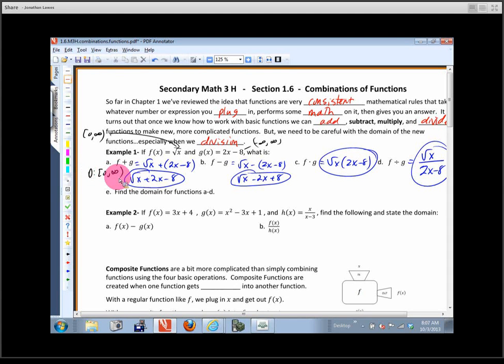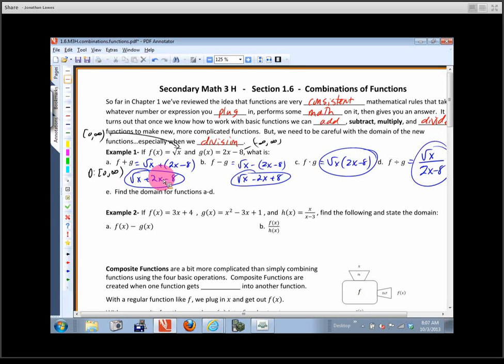And it would be a good idea just to double check and make sure. I'm not plugging anything into the 8. Anything I want is okay to plug into 2x. And the square root function, I've got to make sure I'm plugging in non-negatives, or in other words, 0 to infinity. So of these 3 terms, which one restricts the domain the most? The square root does.